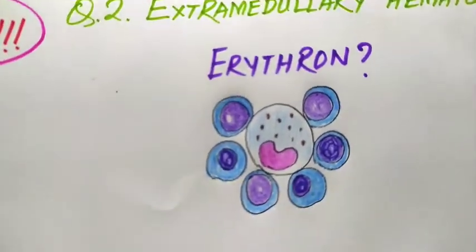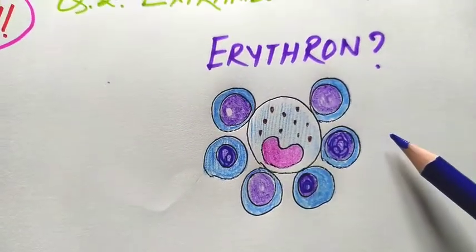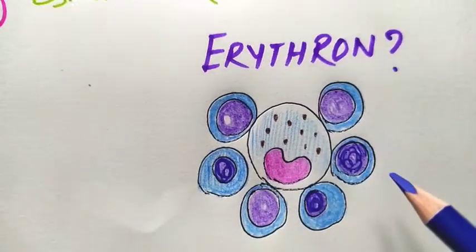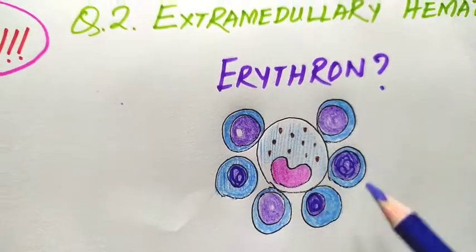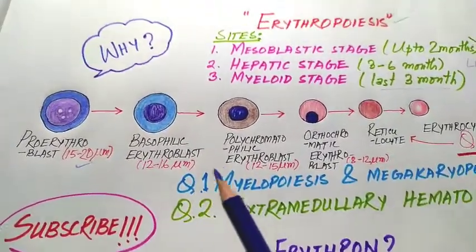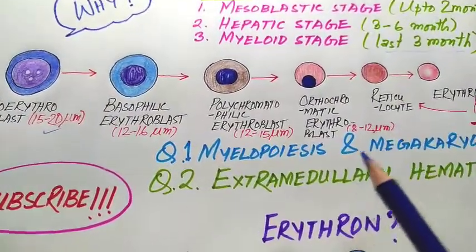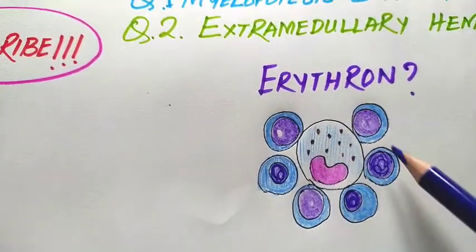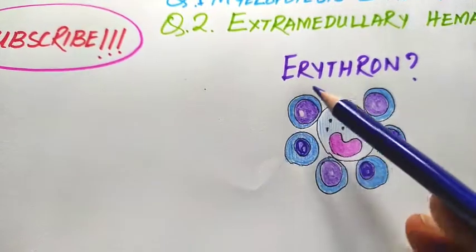Now, what is erythron? Erythron is the area in our bone marrow where the RBC precursor cells like proerythroblast, basophilic erythroblast, or any further mature forms are usually present. It is in the form of islands.